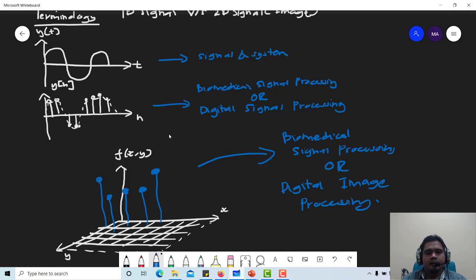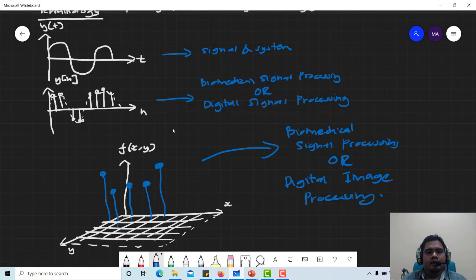And in this class, you will learn a two-dimensional signal, a two-dimensional digital signal. That's why you can see that I drew it in two dimensions. You have x, you have y, and the amplitude of the impulse function there is your f.